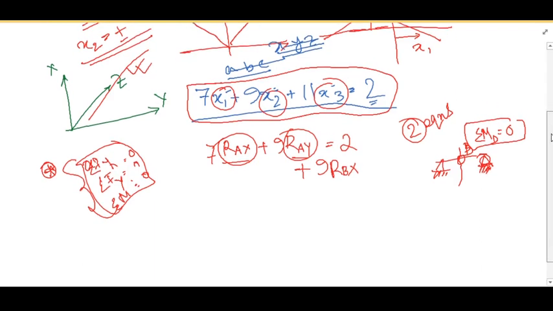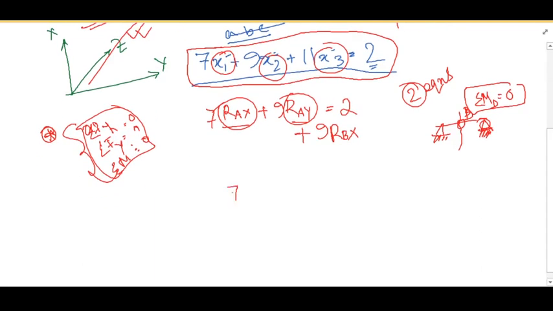Say for example, if I ask you 7x1 plus 9x2 plus x3 equals 0, this is an equation. Can you solve x1, x2 and x3? Yes, you can, but a particular solution will not be obtained. Multiple combinations might be obtained, so you will be confused about which value is to be used and which is not.